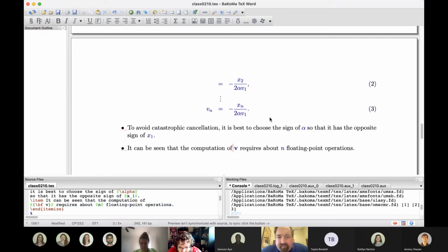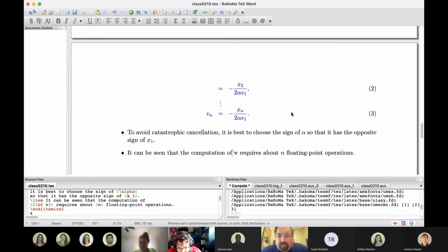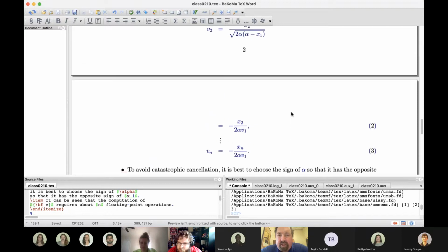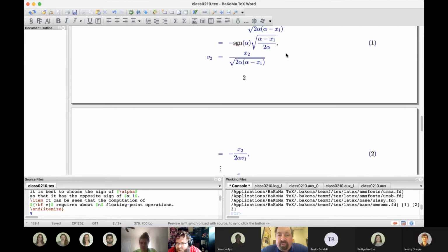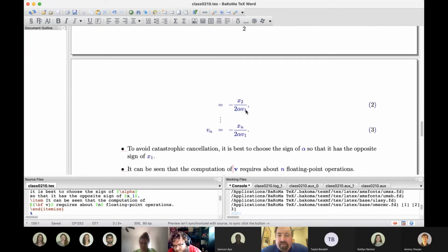So what we can do is compute v very efficiently. After we compute v1, which requires a subtraction, a multiplication, a division, and then a square root, so 4 floating point operations there, then for the rest of the vector we compute 2 alpha v1 and divide all the rest of the elements of x by it.